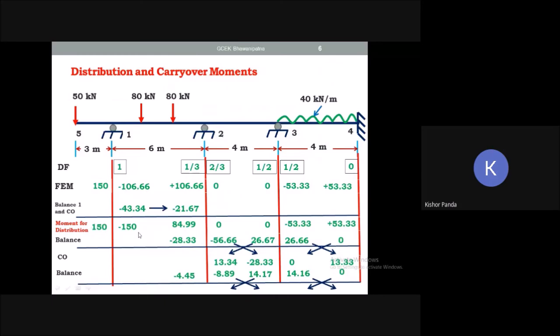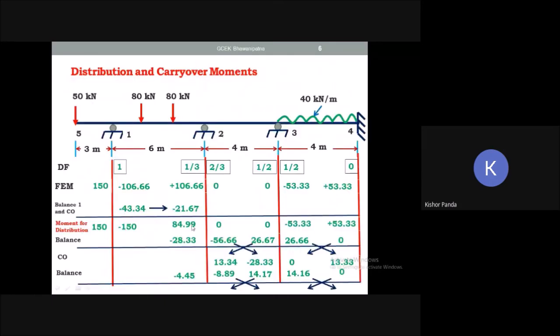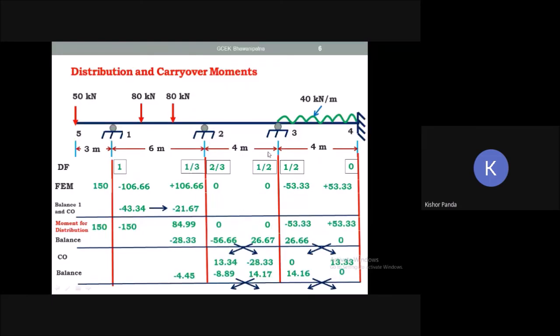Here this is 150 minus 150, already balanced. Then you take the sum of the moment from this value, 84.99, M21: 84.99 minus 28.33 minus 4.45 minus 2.36 minus 0.37 minus 0.20 minus 0.03. So this is 49.25. Similarly, find out M23.